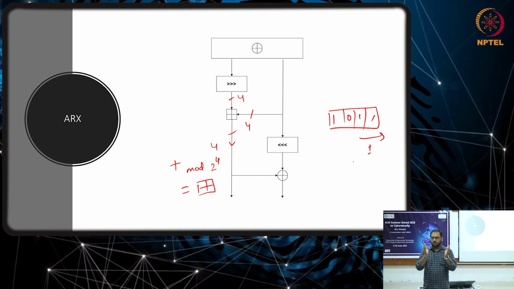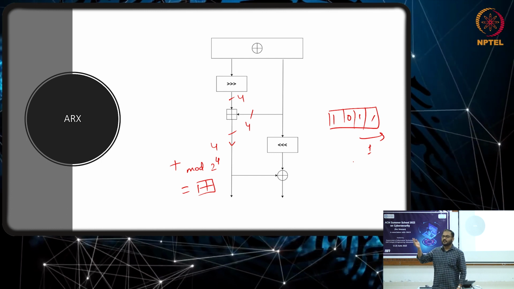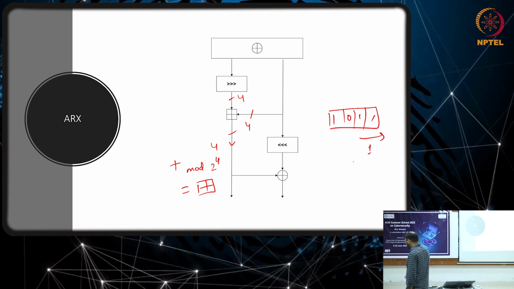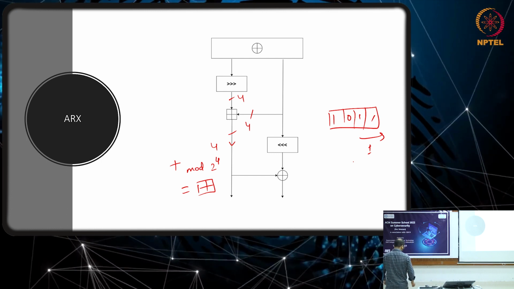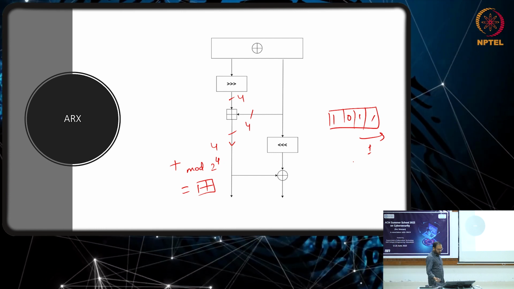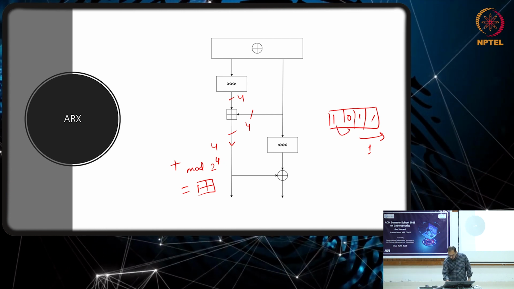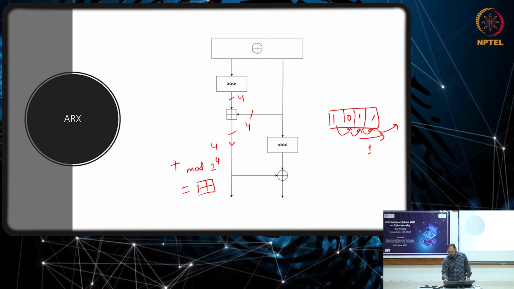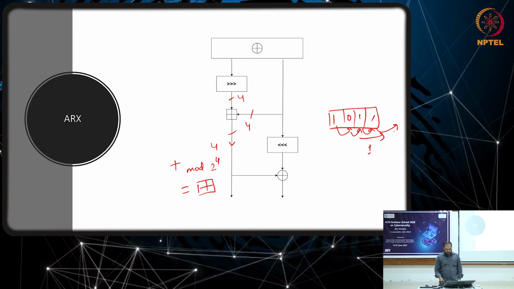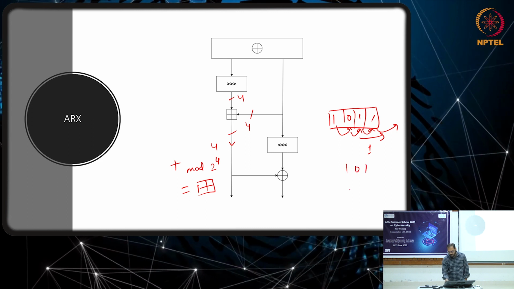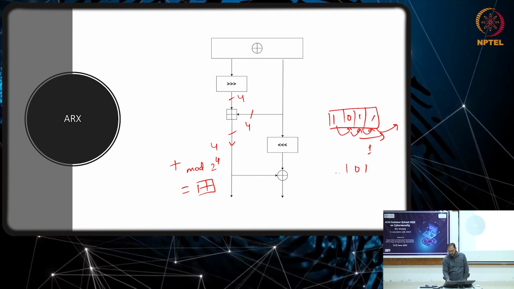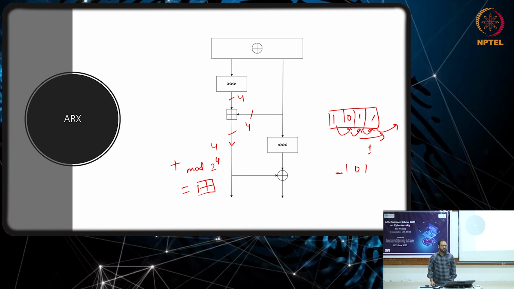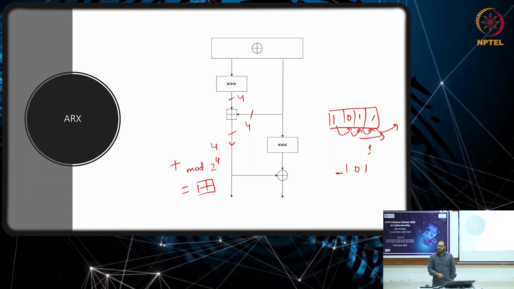Every bit will be shifted right once. So this 1 will come to this position, this 0 will come here, this 1 will come here, and this will be out of the frame. Right. So final will be 101, and there will be nothing here at this particular bit register. That will be just normal shift.